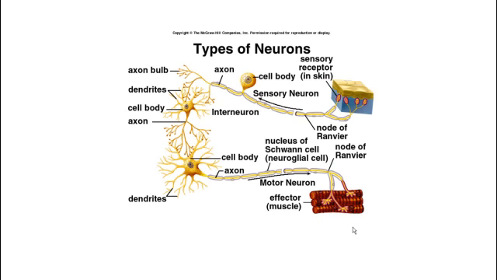So here's the sensory neuron, and we're going to be looking at this in more detail in a little bit. This is important for you to understand this structure. So here's the cell body up here, and then there's a little bit of axon coming each way. Receptors are out here, so for example, if it's a sensory neuron, one of the places it would pick up sensation from would be the skin.